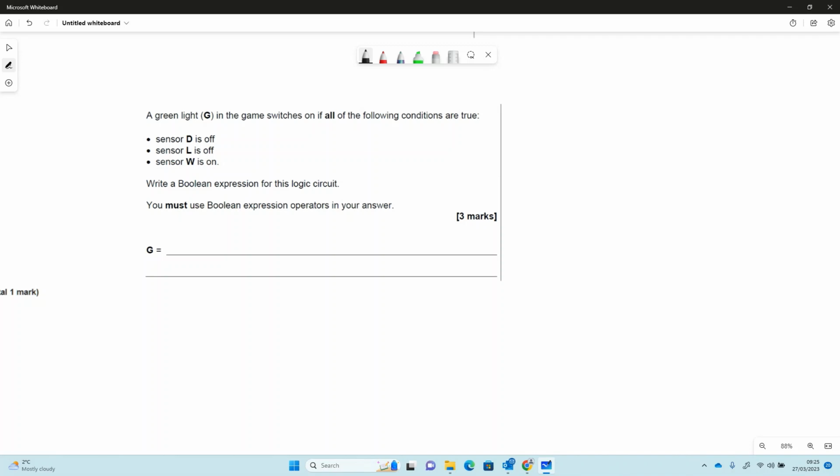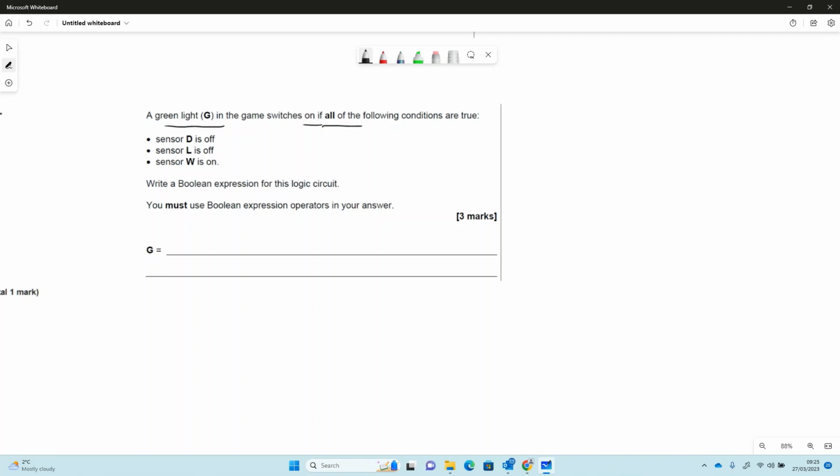Okay, so then we've got this idea of writing an expression for something a bit similar. So a green light in the game switches on if all of the following, so again we're thinking about everything, are true.